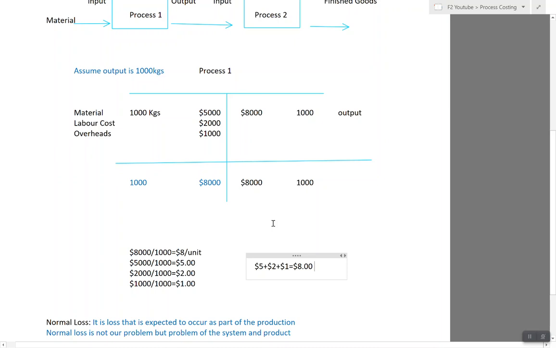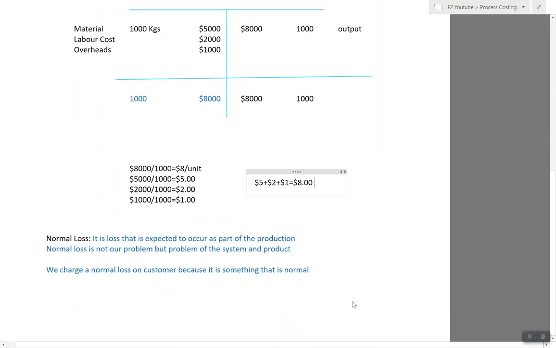But in the real world, what you input does not 100% become output. There is usually wastage in the production process, so not all units go into finished goods. So we have something called normal loss. Normal loss is the loss that is expected to happen. It is part of the production process.